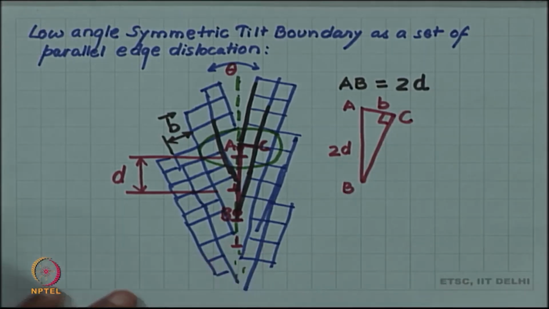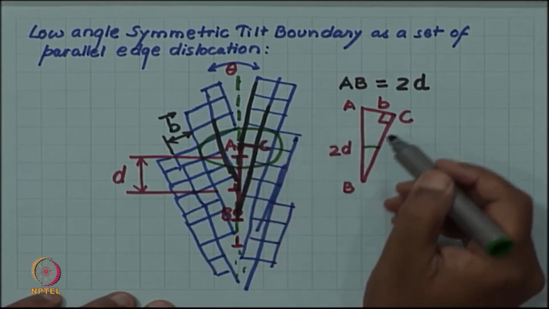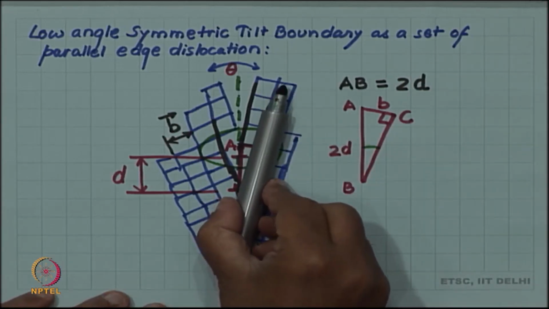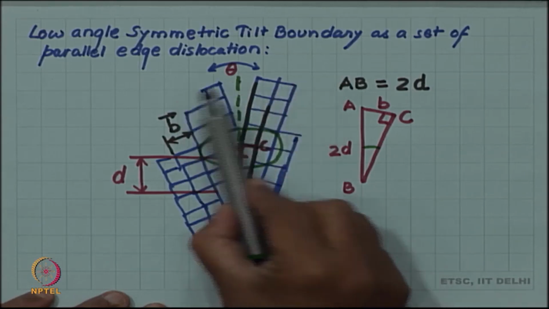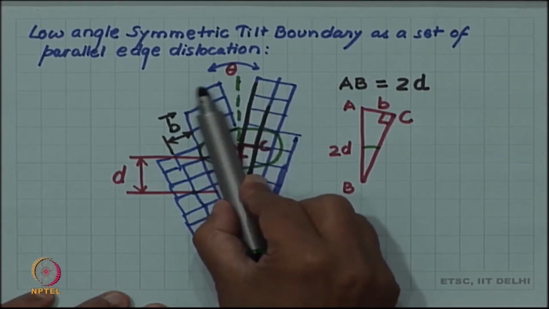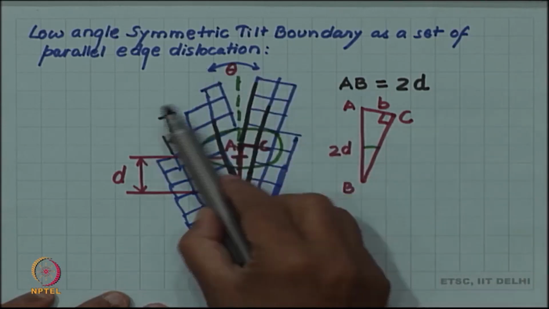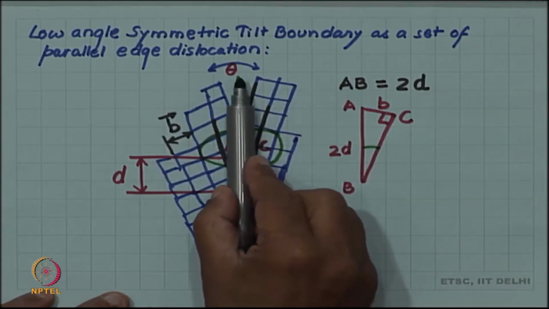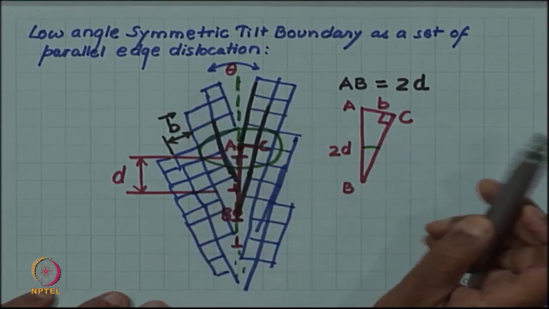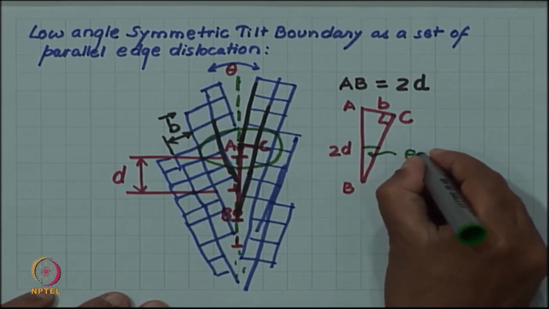Now, you can see what this angle will be. Since AB is in the boundary plane, BC is the tilted plane on one side. The corresponding tilted plane on the other side will also be there, and it is the angle between those two tilted planes which is the total angle theta. And since it is a symmetric tilt boundary, the boundary plane divides this entire angle theta into two equal parts. So, this angle what you are seeing here will be theta by 2.